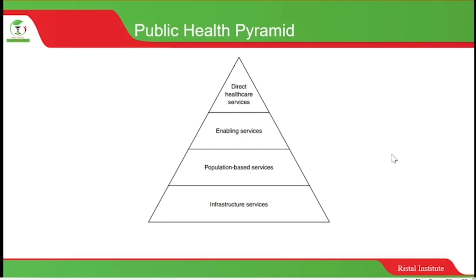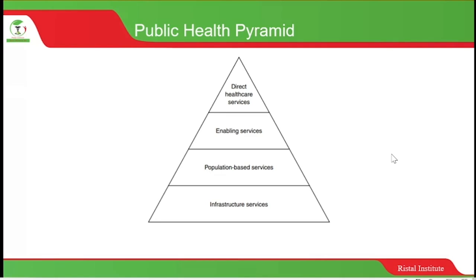Here is an example which I can give you. Let me take an example of the Ministry of Health. The Ministry of Health can develop national guidelines, let me say for malaria control, or it can set up a national health information system to collect data from all facilities.